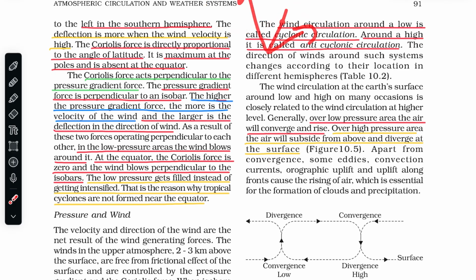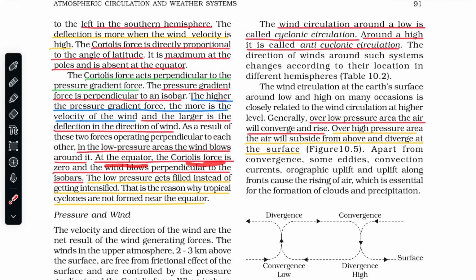In terms of physics, the resultant is at 45 degrees. As a result of these two forces operating perpendicular to each other, in low pressure areas where the isobars have less pressure, the wind blows around it.